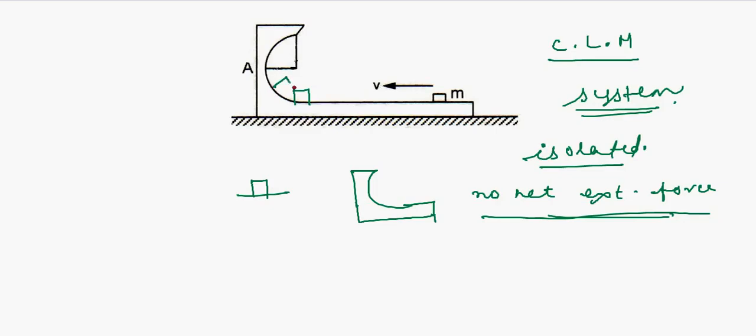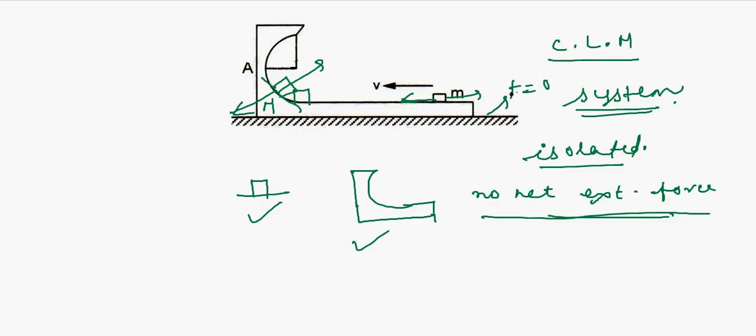Once the block reaches the curved part, external forces go on acting and we can't take these two as systems. If we will take both of them as a system, these forces are all equal and opposite, so they will cancel out. Even if there is friction, that will be equal and opposite.